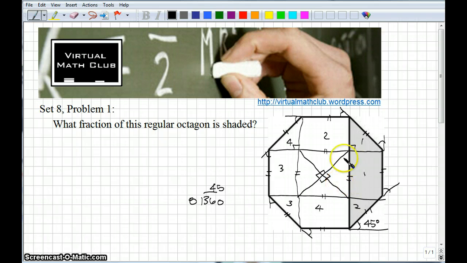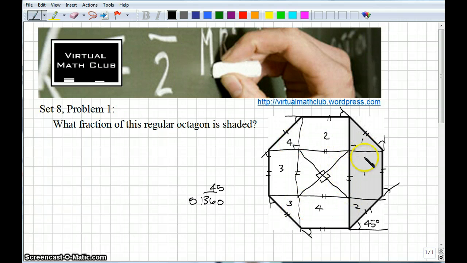So we've essentially got four 45, 45, 90 degree triangles here in the middle, and these are also 45, 45, 90 degree triangles. You can see also that the hypotenuse has to be the same in both cases. So these triangles in the middle of this square are congruent to these triangles out here.